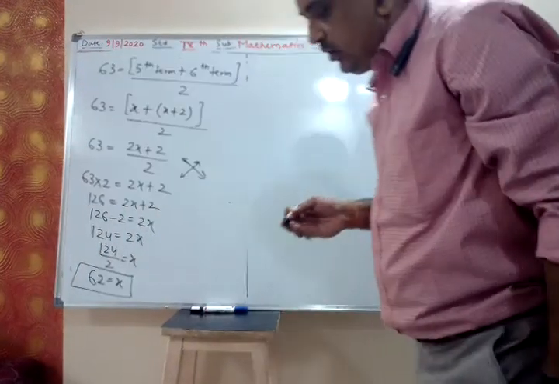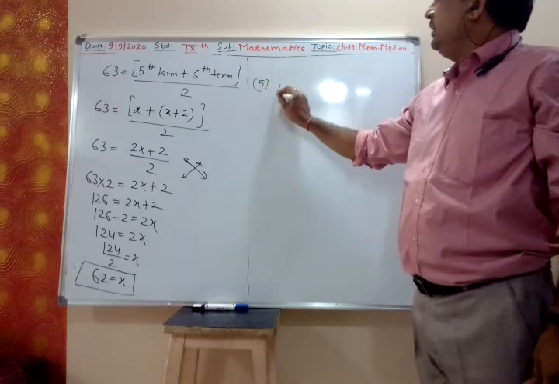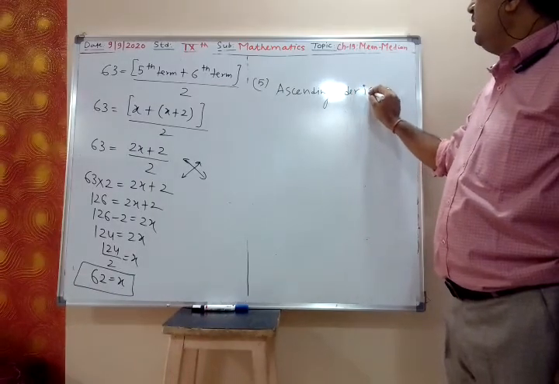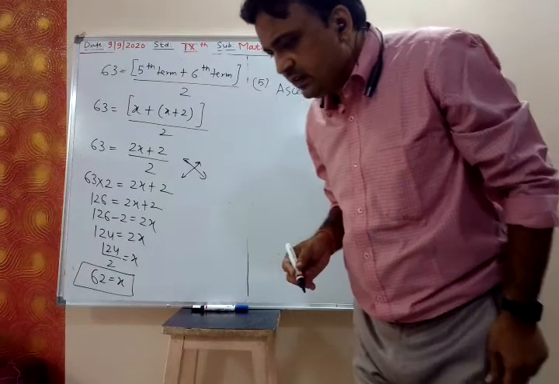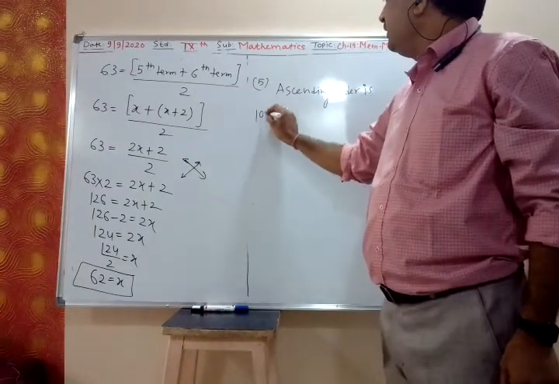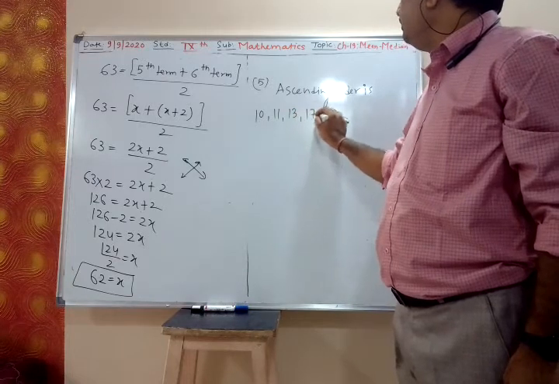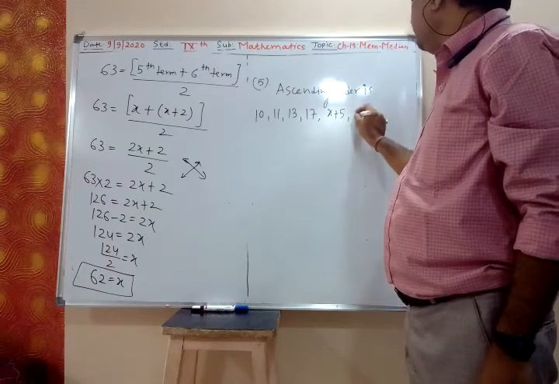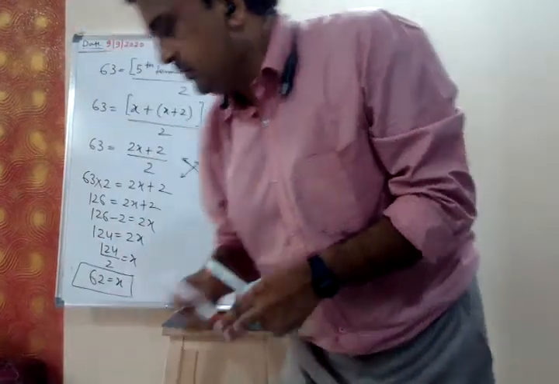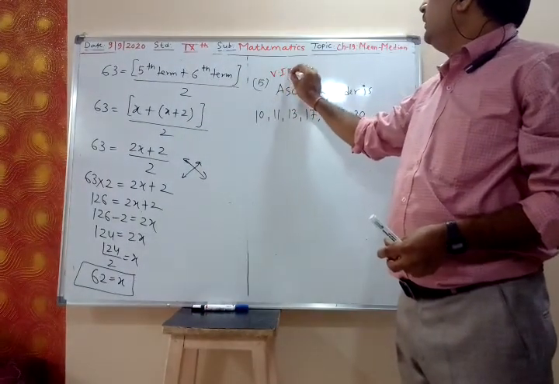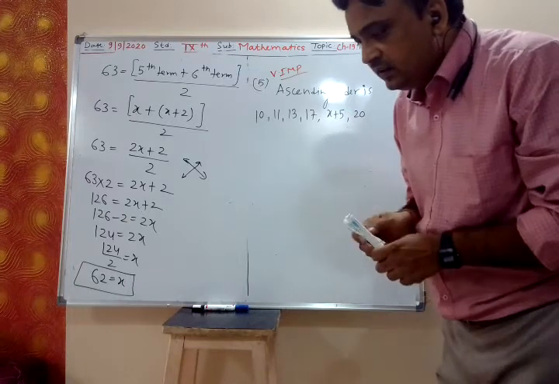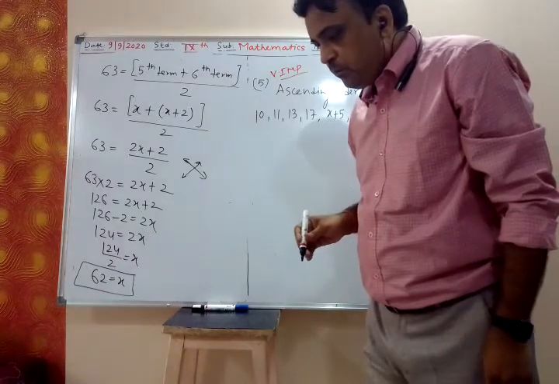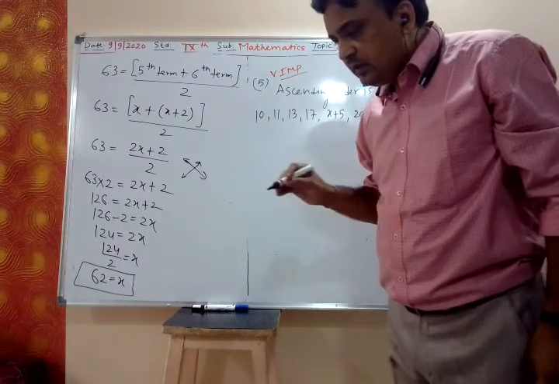So now write the ascending order: 10, 11, 13, 17, then x plus 5, mark this important, x plus 5, then 20, 22, 24 and 53. This type of problem is important.